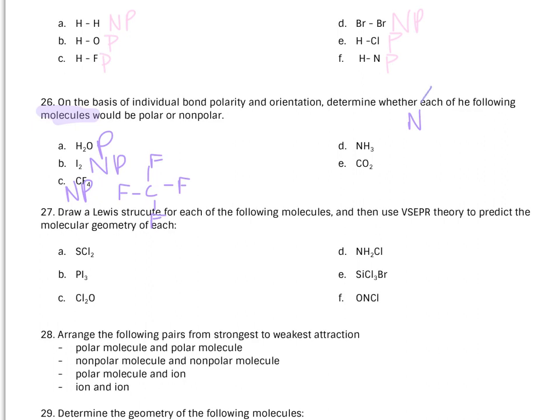We have a hydrogen and a hydrogen and a hydrogen, meaning that this one is polar because of the differences in charges. And then CO2 is going to be nonpolar because of its double bonds and everything that we know already happens.